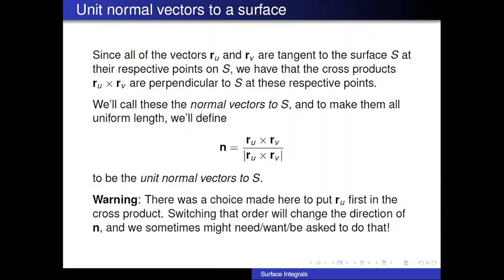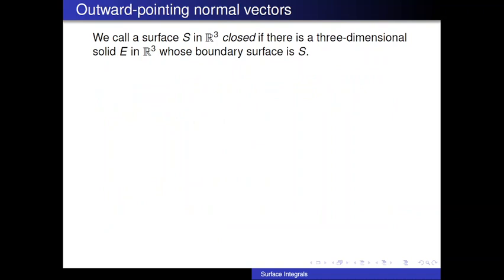So in particular, we have for some surfaces a notion of what's called outward pointing normal vectors. Now, not all surfaces are going to have this notion in a well-defined way. The ones that do are what's called closed surfaces.